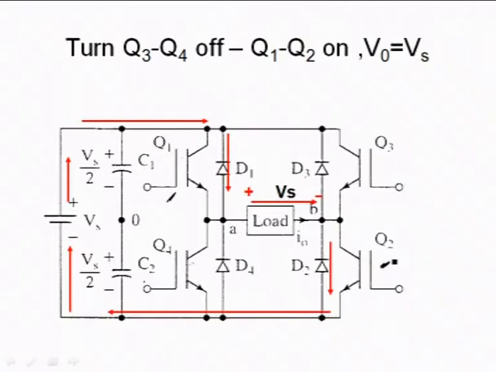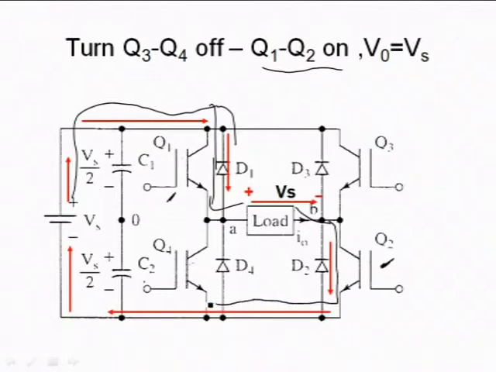So, let us see the direction of current when Q1 and Q2 are on. This is how the current flows when Q1 and Q2 are on. When Q1 is on, it is like a closed switch. See the direction of current through the load; this is considered as positive.